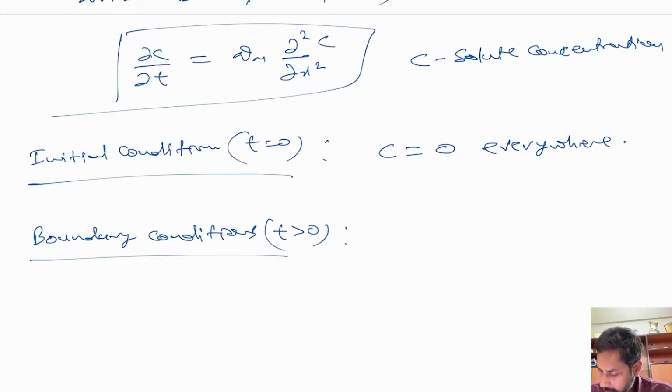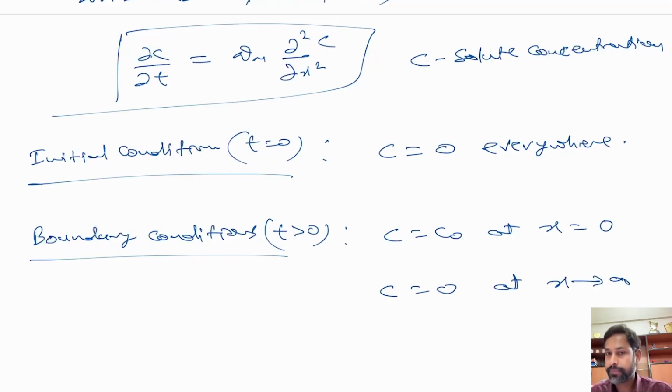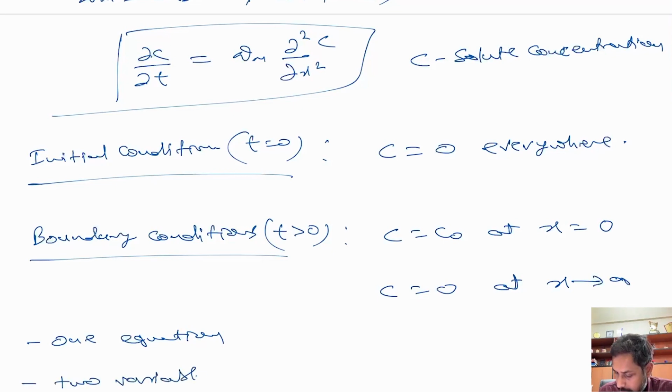Okay, so here c equal to c naught at x equal to 0, and c equal to 0 as x tends to infinity. So these are two conditions we have. And now you can see we have one equation and two variables.